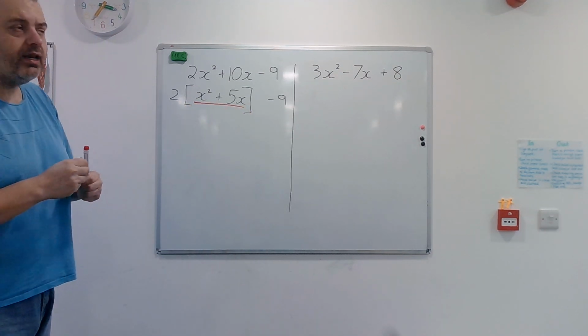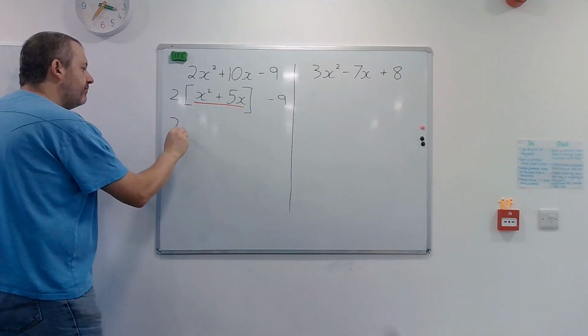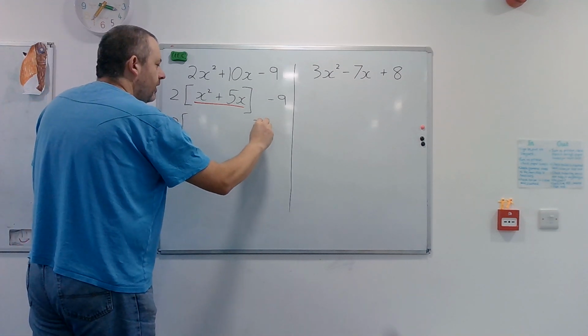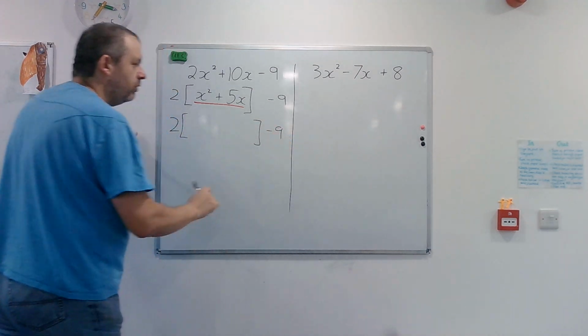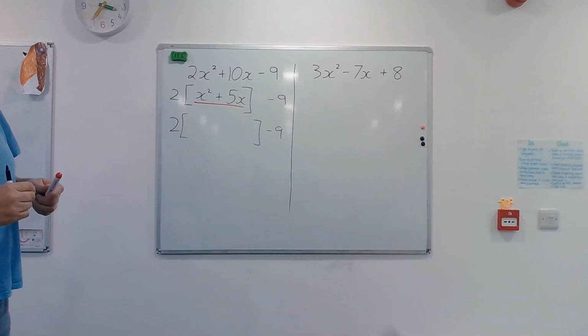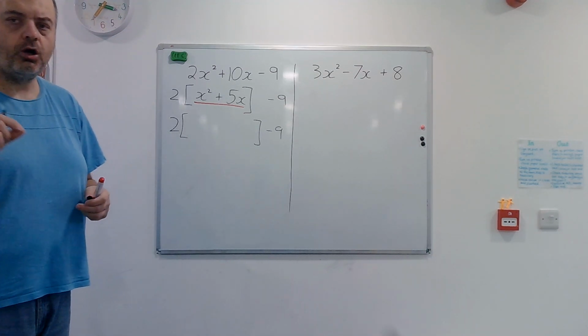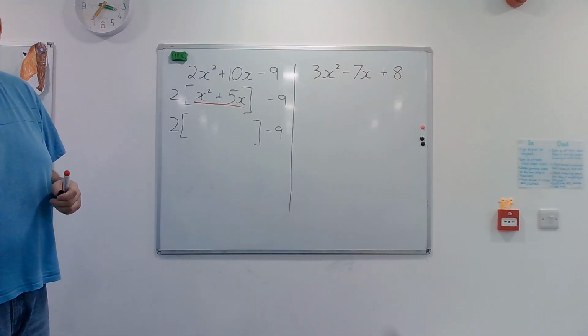Everything else, leave it alone. Leave the 2 alone. Leave the -9 alone. They don't come back into play until you've finished completing the square.